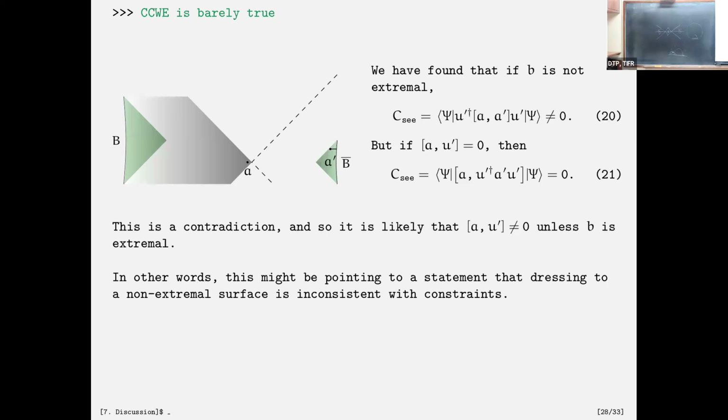I thought you were dressing to one or the other boundary. No, but I'm a bit confused by the words, I'm sorry. Whatever, dressing to stay to the right of a non-extremal surface in whatever way seems to not work.